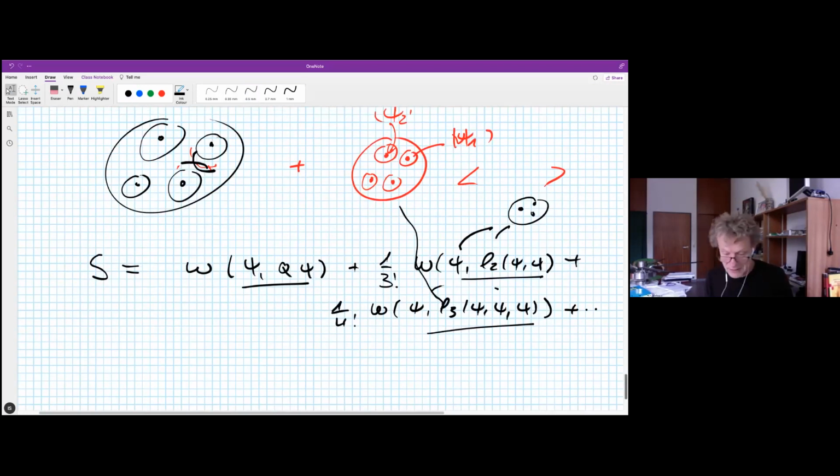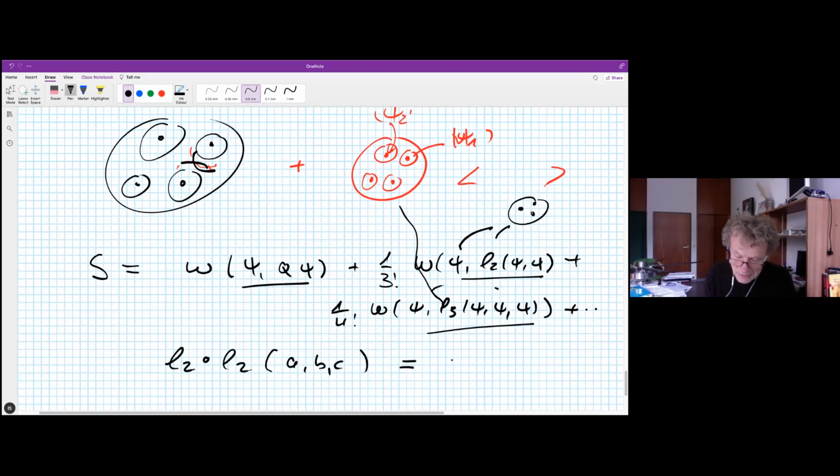But furthermore, you will find that it's not true that L2 composed with L2 of, say, A, B, C is equal to zero. Let me write it concretely.